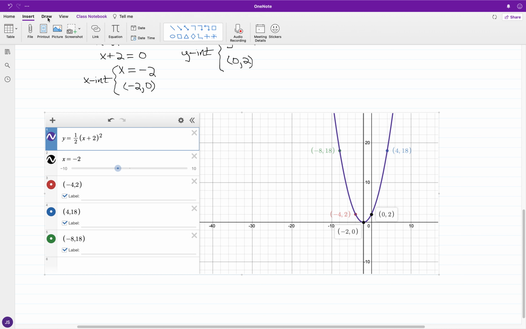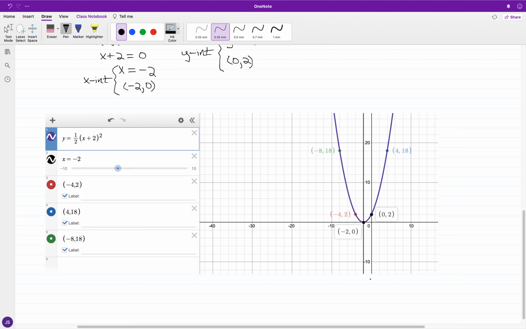With this particular axis of symmetry, we have x equal to -2, and the axis of symmetry always passes through the vertex.